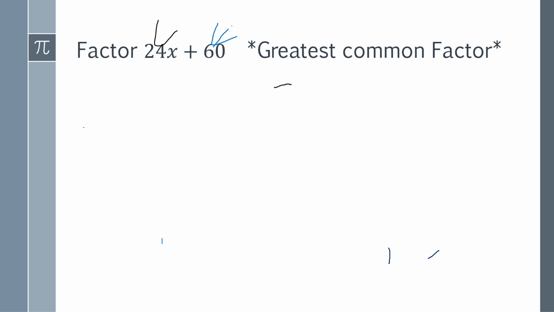My preferred method, which is the same thing as factoring. So, I know 24 divided by 2 is 12. I went with 2 there, you know.